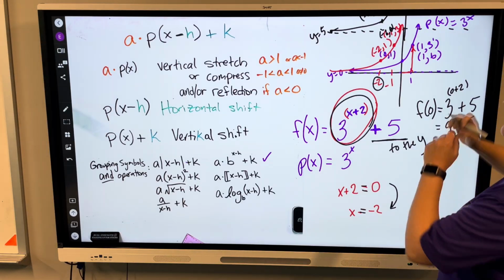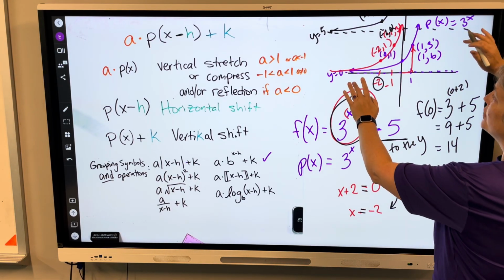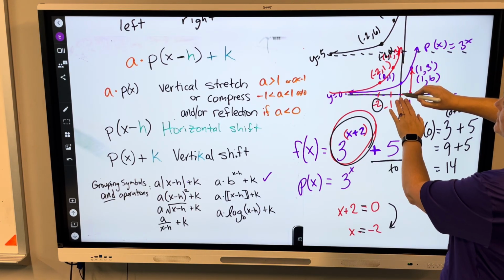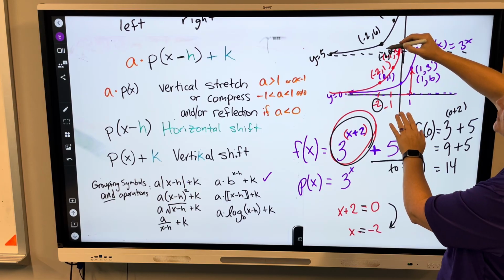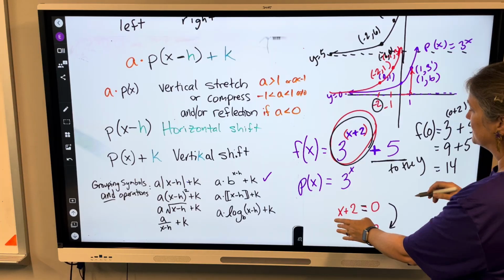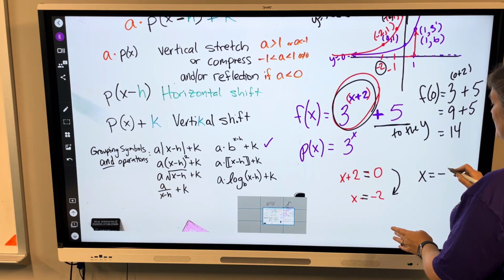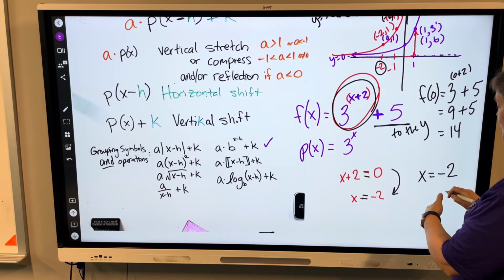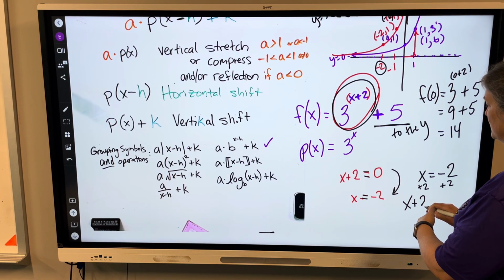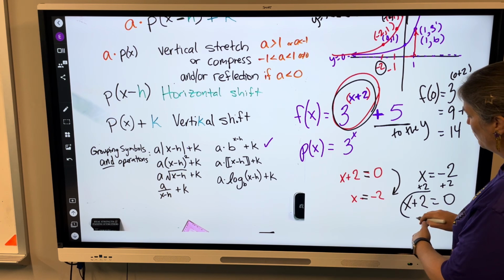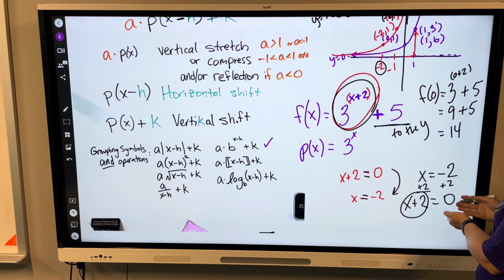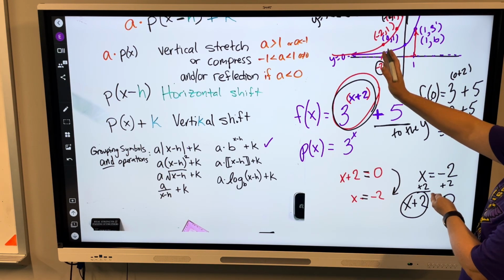Well, if I have a plot and I know that my key point is 1 above my asymptote, because my key point is always 1 above my asymptote, when I grab that key point and I see that it's at x equals negative 2, I can rearrange this equation to rediscover what must be in my function, the expression that turns into 0 when x is negative 2.